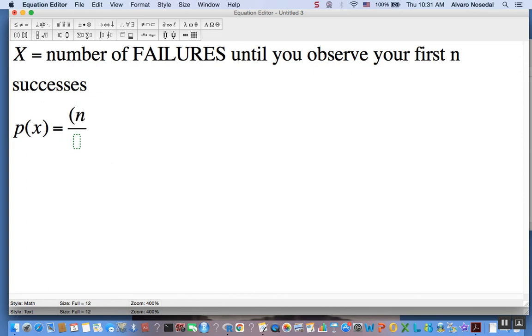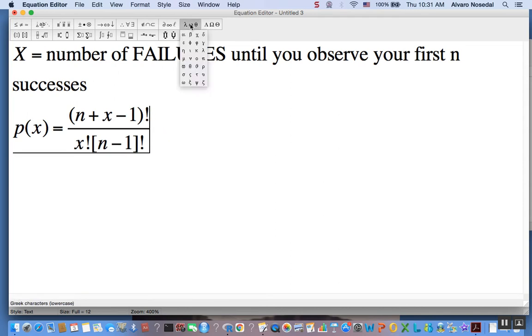n plus x minus 1 factorial divided by x factorial times n minus 1 factorial, and then we have pi, where pi represents the probability of success for a particular trial.